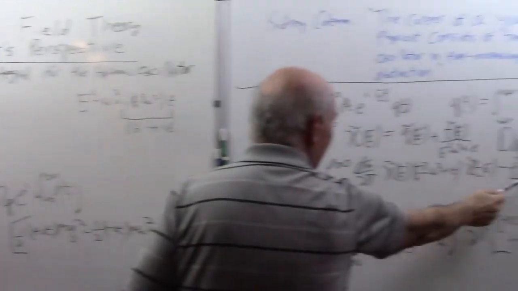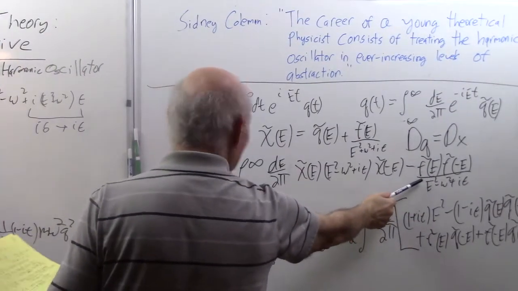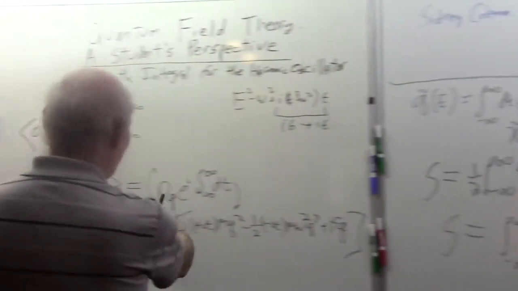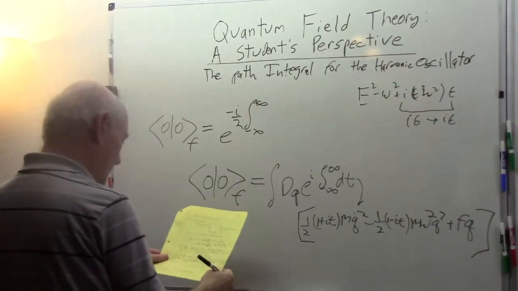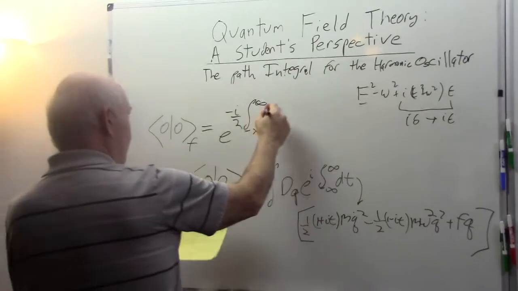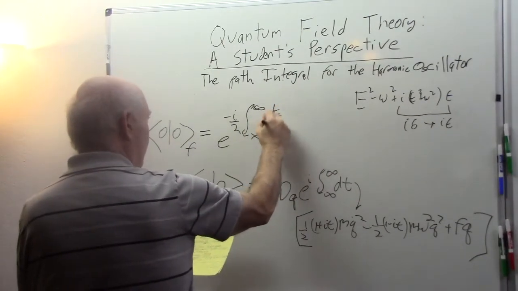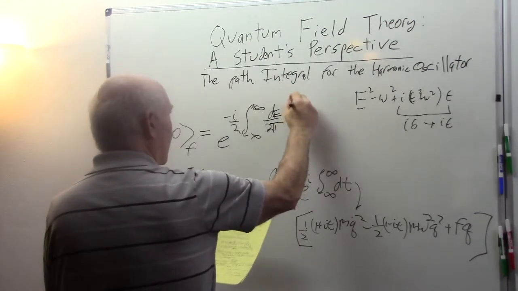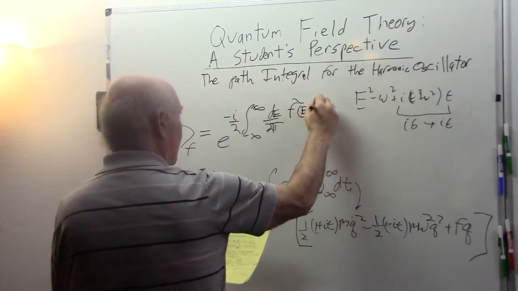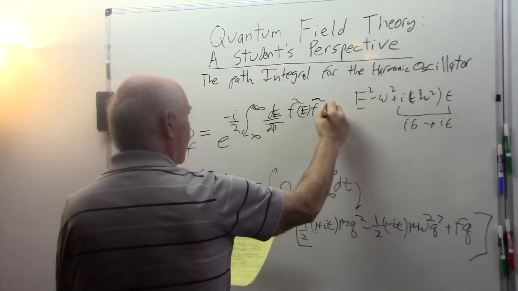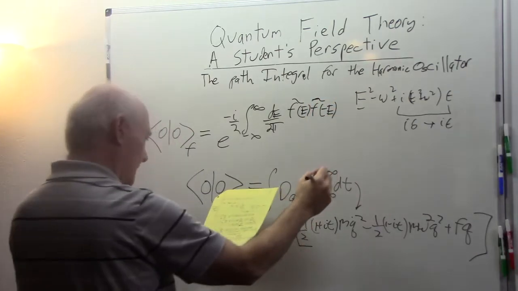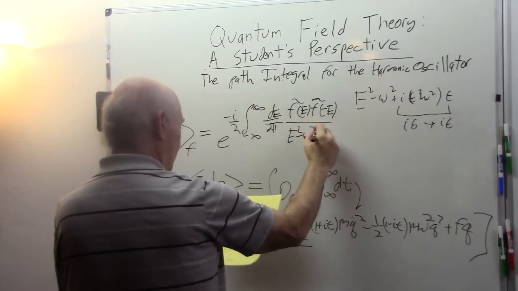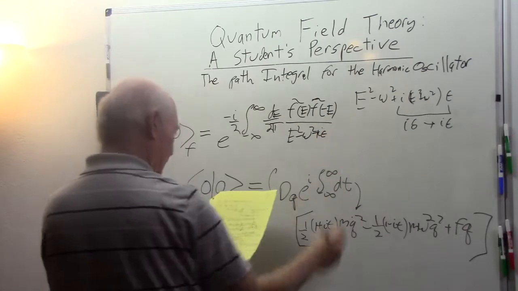This term has no dependence on q, so we don't have to worry about it with the path integral. So I get e to the minus i over 2, the integral from minus infinity to infinity dE over 2 pi f tilde of E f tilde of minus E divided by E squared minus omega squared plus i epsilon.